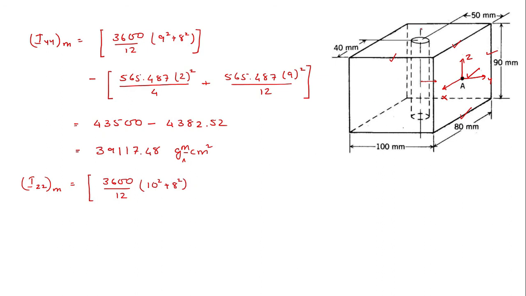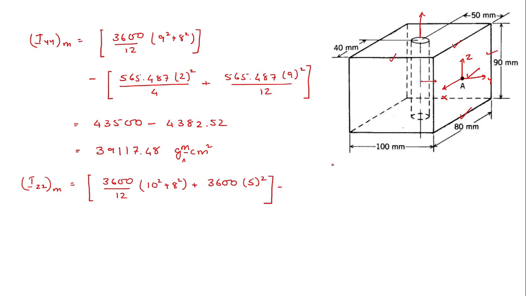Now you see I am finding with respect to this axis, so I'll have to shift it to here using the parallel axis theorem. So plus the mass multiplied by the square of the distance between them. This distance is 5 centimeters, so 5 square.